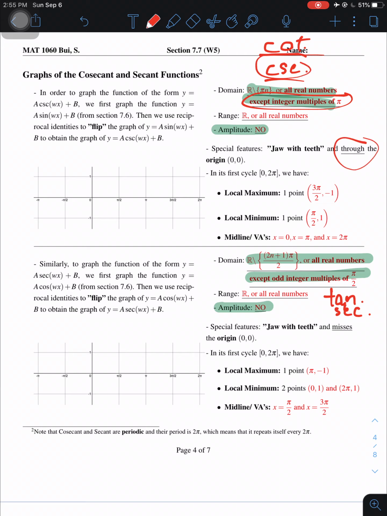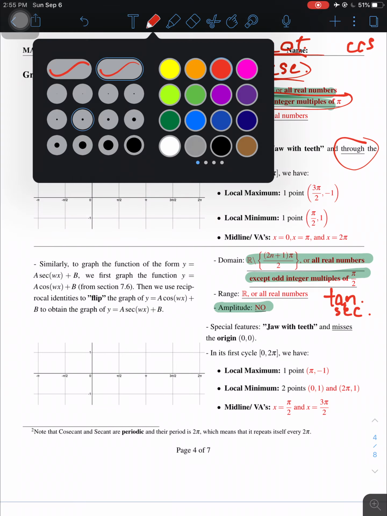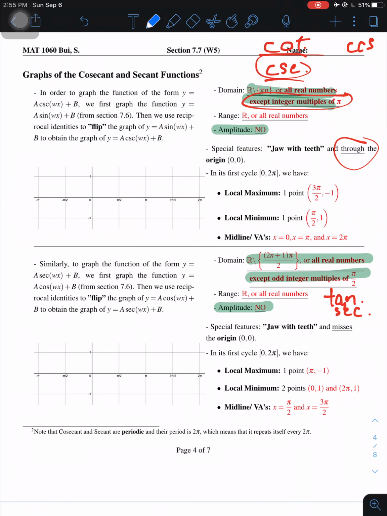So even though I told you guys that cosine, okay, here, let me write in here, cosine and cotangent will miss out the origin. Here, actually, let me use another color so that you guys can see it better. Let me use blue in here. So it misses the origin. Like the last time we talked about, I told you guys that it's about cosine and cotangent, right?